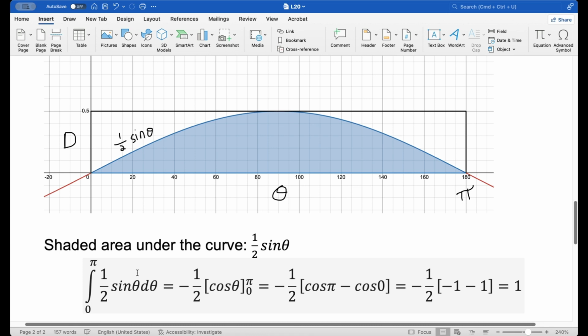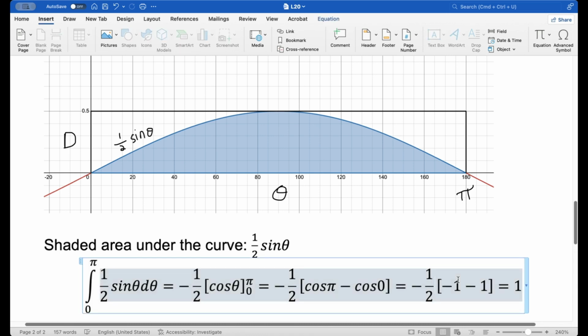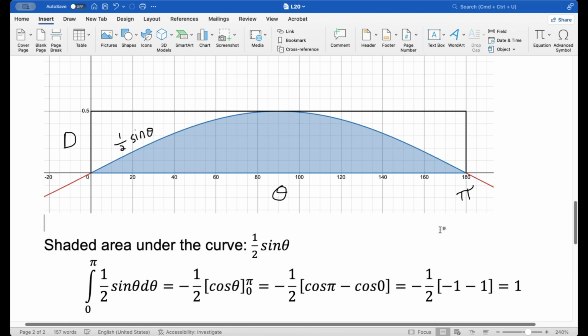Evaluated from 0 to pi, so we're going to have cosine of pi minus cosine 0. Cosine of pi is -1. Cosine of 0 is +1, and we're subtracting. So that yields a -1/2 times a -2, which is +1. So the area of the blue shaded region is +1.